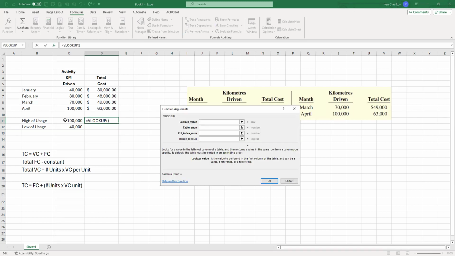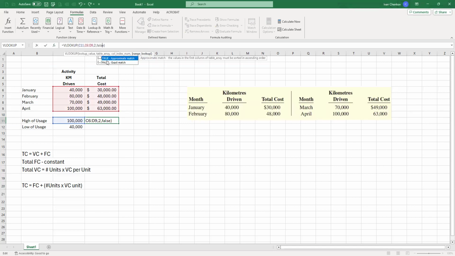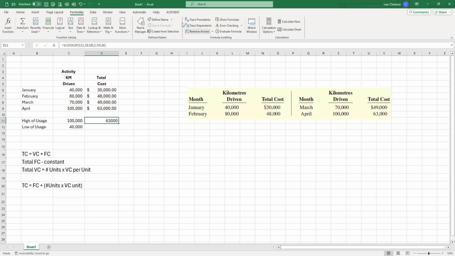We're going to look for this value in this table array, and every time I see 100,000, I'm going to put the information from column 2. And if that doesn't work, I'm going to have false. I have to change this here to false, and then it's going to give me the number that I'm looking for.